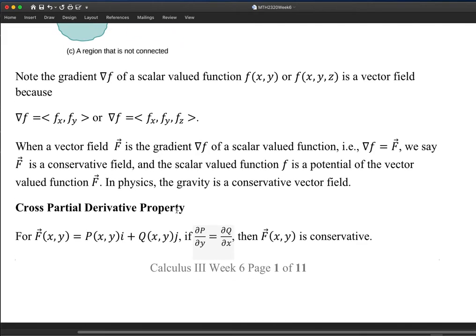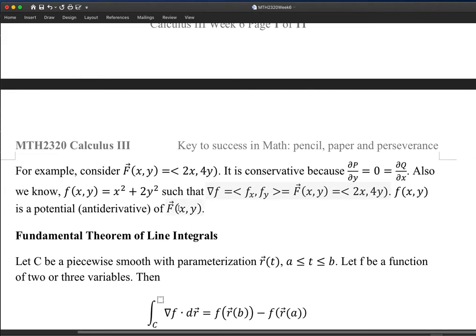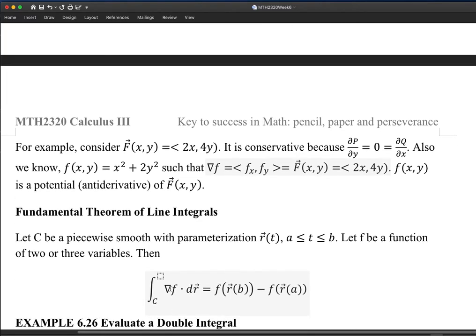Then it says, when you work with the antiderivative of a conservative vector field, remember the gradient of a scalar valued function is a vector field. So really it is a line integral of a vector field, and the vector field is a gradient. If that is the case, you don't need to bother with all the vector calculations.